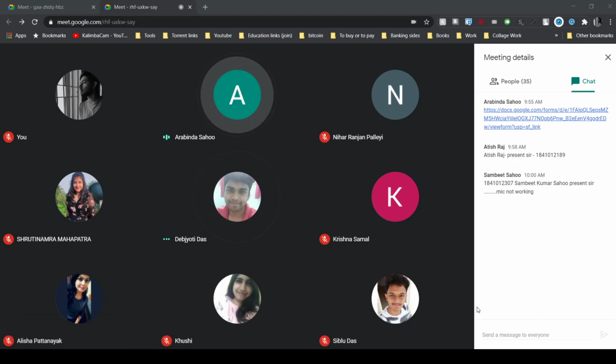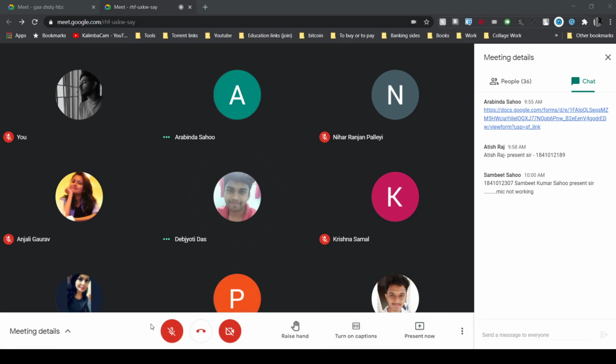Kaif Mohammadi. Anjali Gaurav, present, sir. Priyavrata Das, present, sir. Divya Darshan, present, sir. Alisha Patnaik, present, sir. Aditya, present, sir.